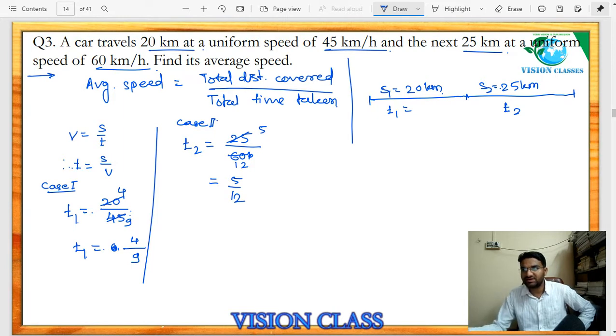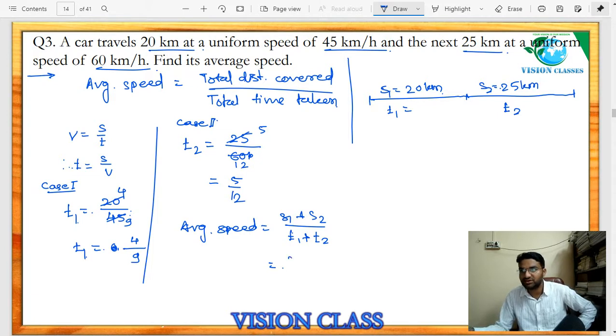Now just put it into this formula. So what is the formula? Average speed is equal to S1 plus S2 over T1 plus T2.